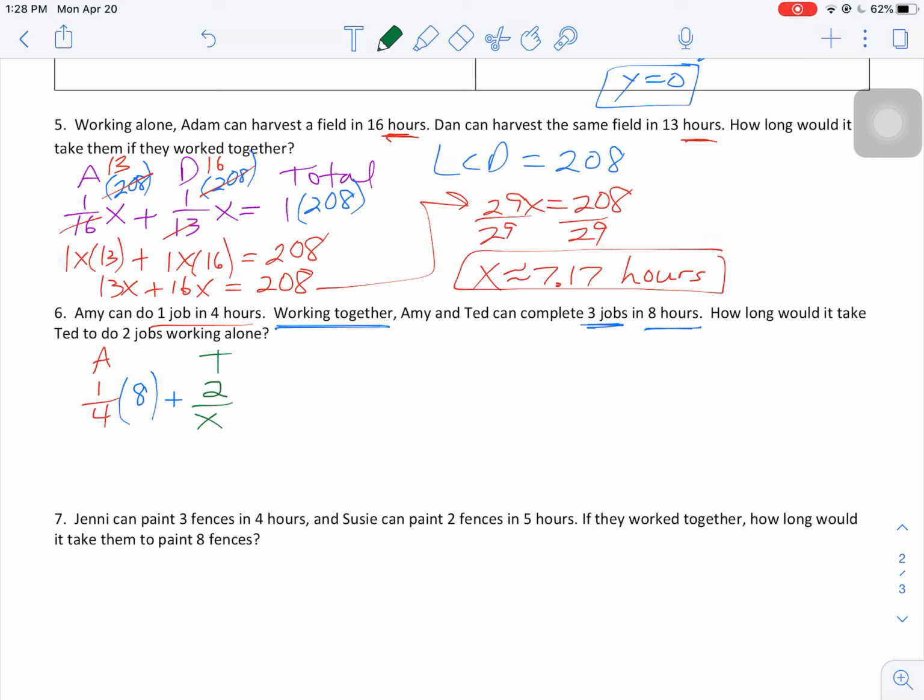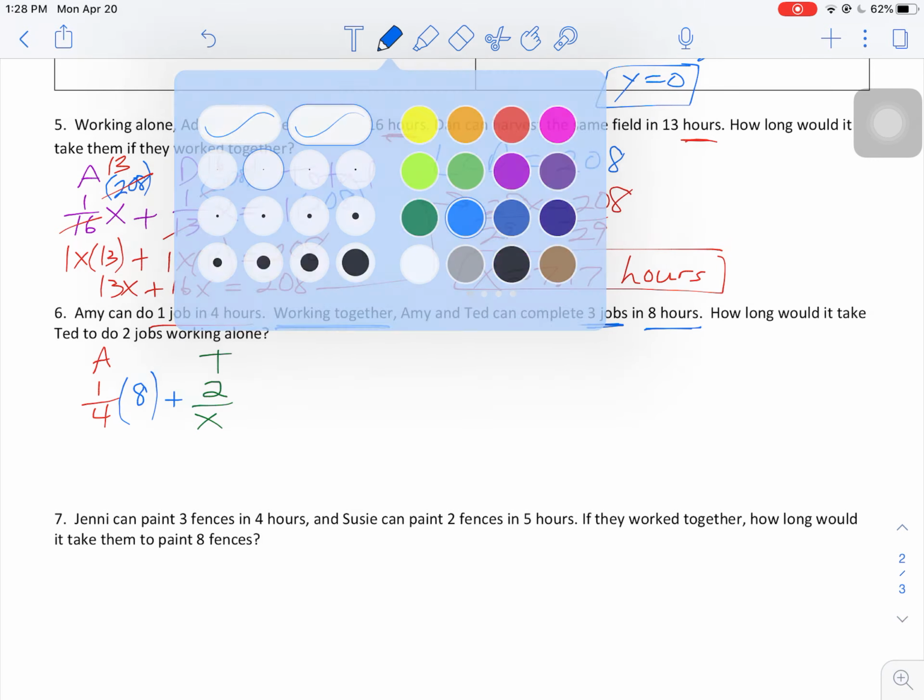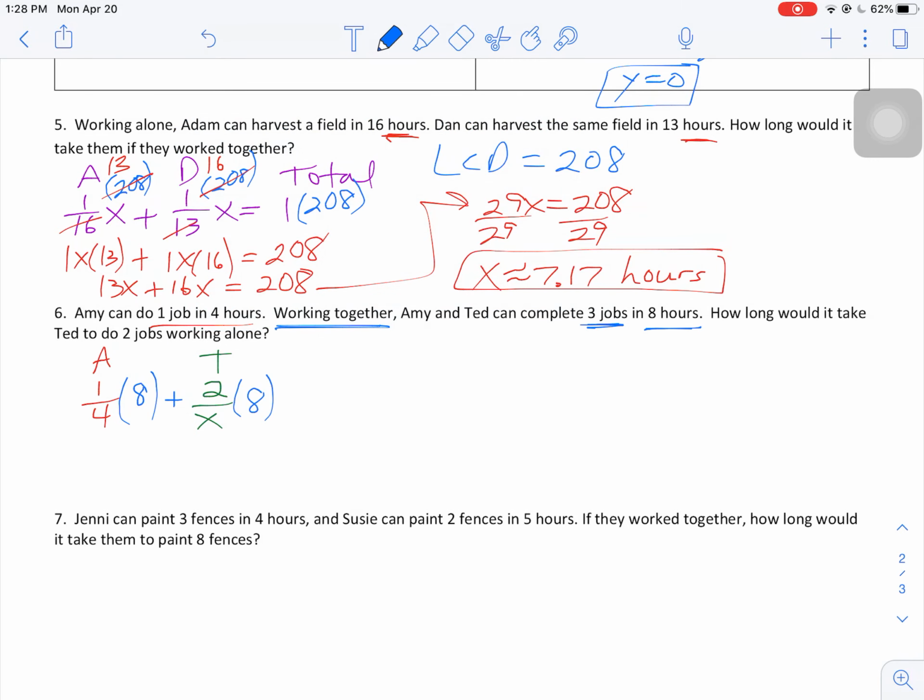So 2 jobs in a mystery amount of time. And then times 8, the time it takes for them to work together, equals the total number of jobs they could complete working together. So they could do 3 jobs working together. So that total is going to be 3.